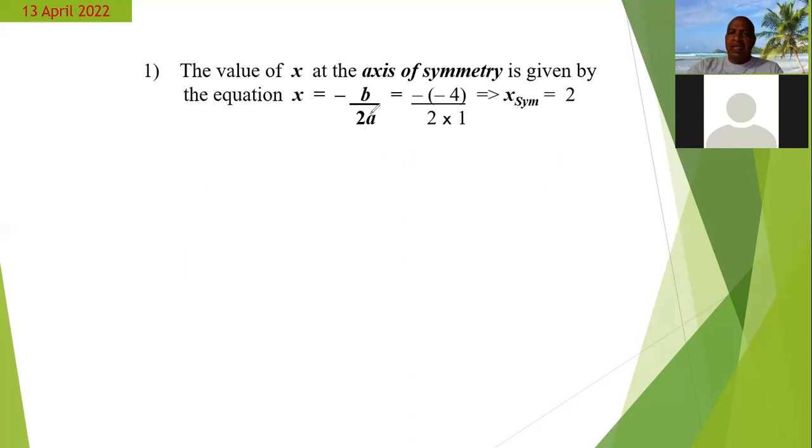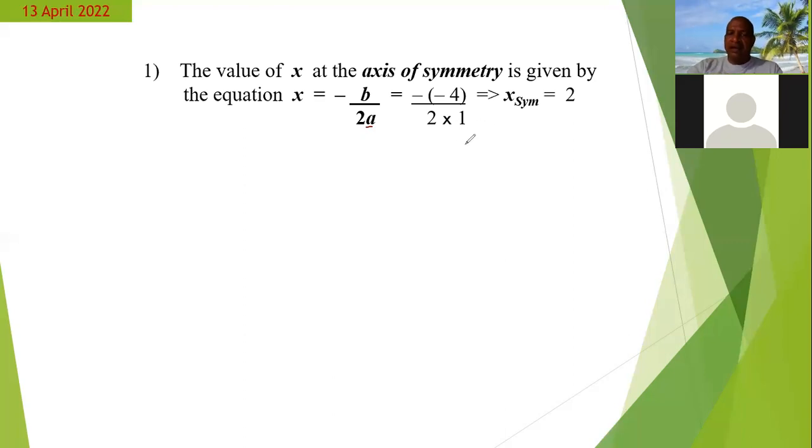Now, in the denominator where we have a, we know from the equation that a is 1. So we're going to put the value of 1 and times it by 2.